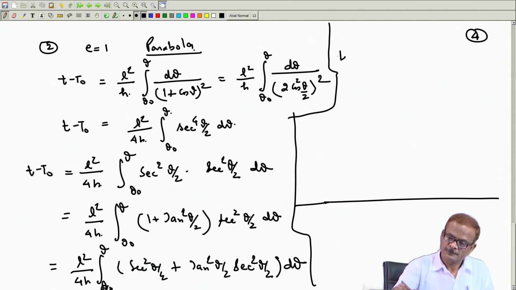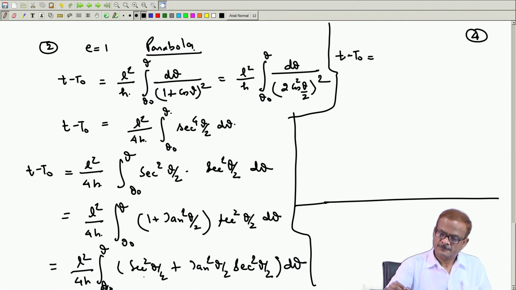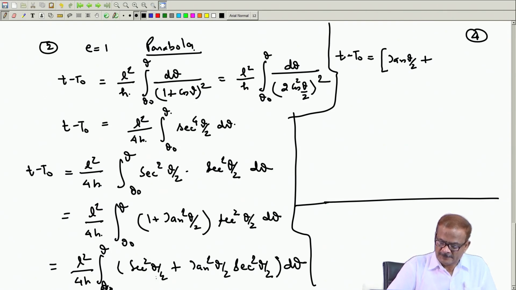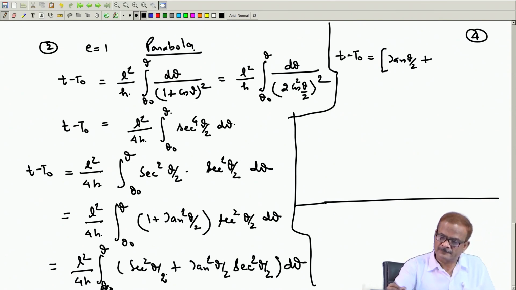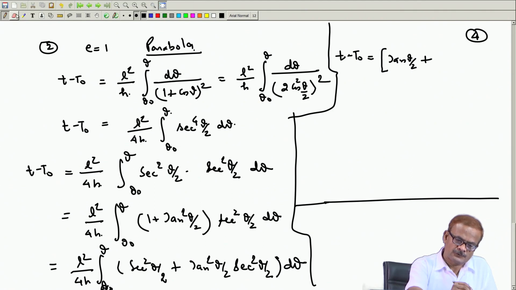Okay, so, therefore, t minus t 0, the first term can be written as simply tan theta by 2, and for the second term, theta by 2 is there, so we have to take care of the 2 also. If it is only theta, then it is straightforward, but here the 2 is there, and therefore we account for that also.